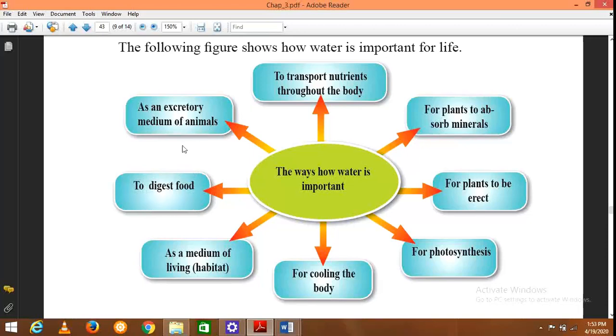And as an excretory medium of animals, in excretion or removal of waste matter, for example sweat, then urea, urine. Sweat and urine are excretory products, as well as the exhaled air which we release from our nostrils, which also contains water vapor.